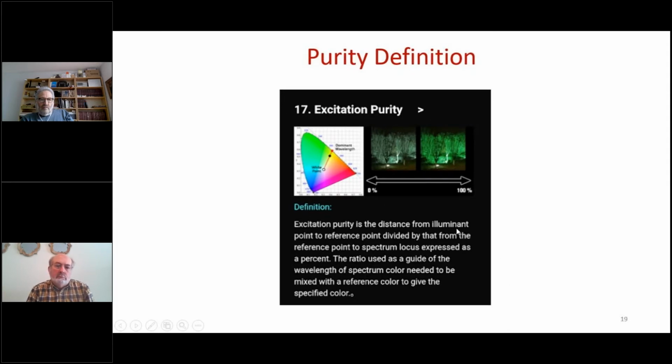Excitation purity is the distance from the illuminant point, this is the illuminant point to the reference point, divided by the distance from the reference point, which is here, to the spectrum locus, which is over here. This distance divided by this distance will give you the purity.